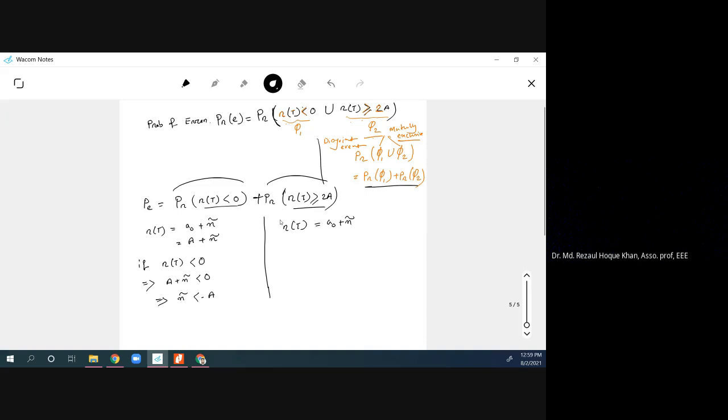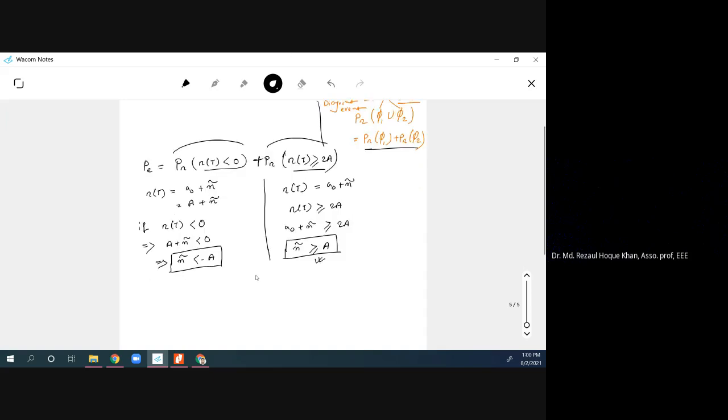So A0 plus n tilde is greater than twice A, means n tilde is greater than A. So we find two conditions: n tilde is less than minus A, and n tilde is greater than A. If either condition holds, the error will happen.